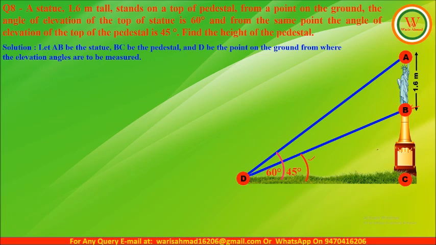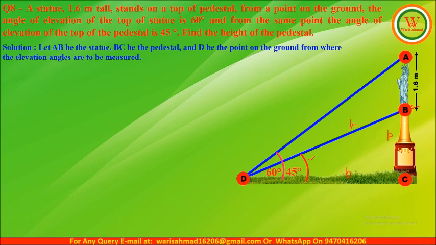The side opposite to this angle will be taken as perpendicular, so BC will be taken as perpendicular, while CD will be taken as base, and the side opposite to 90 degree, means BD, will be taken as hypotenuse.